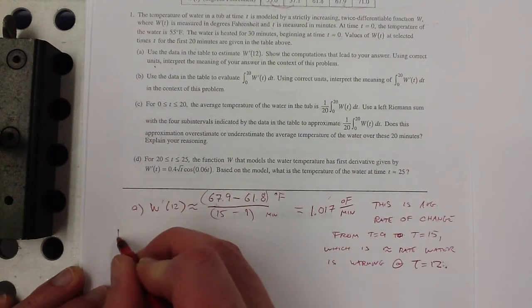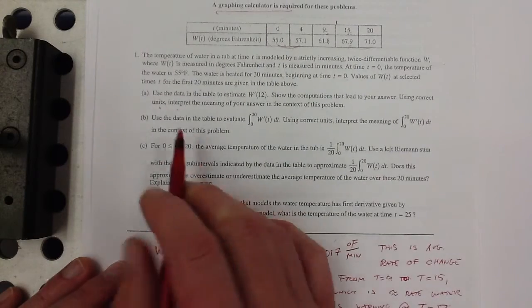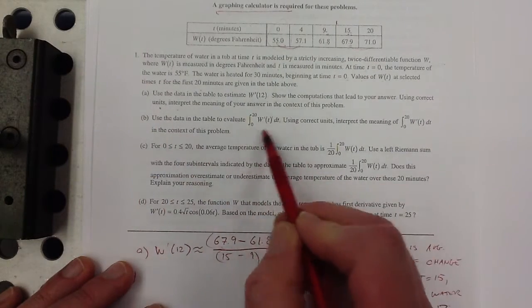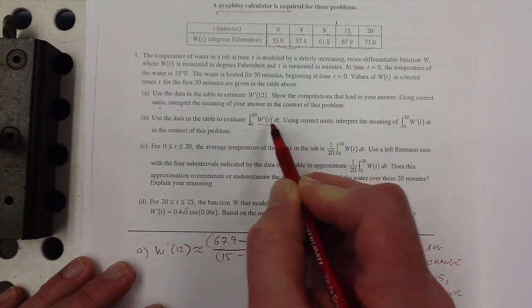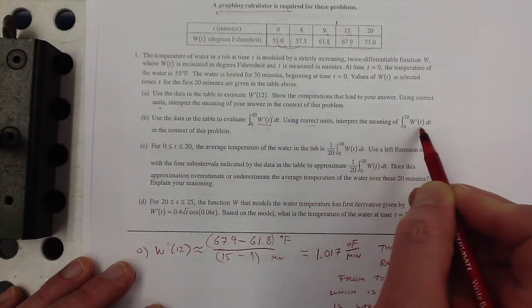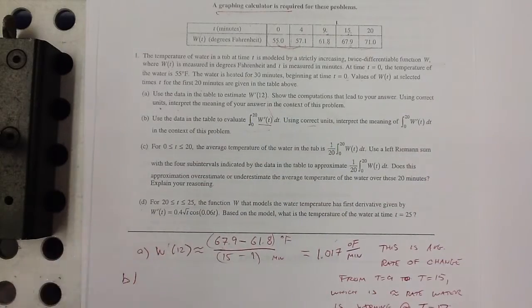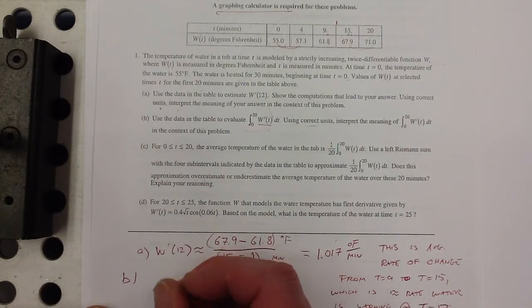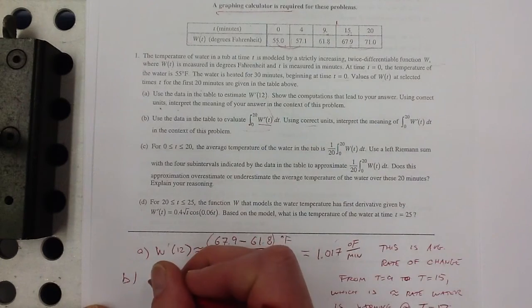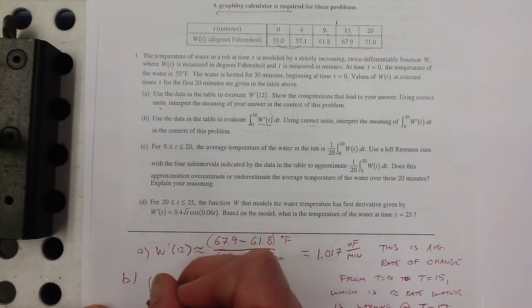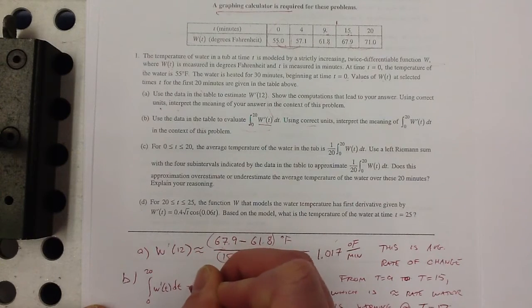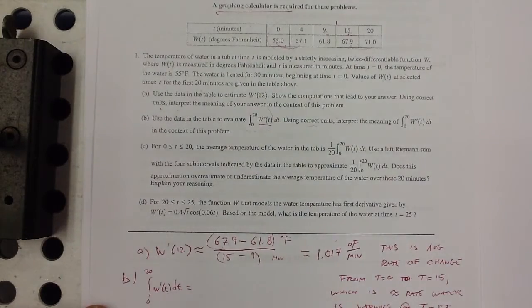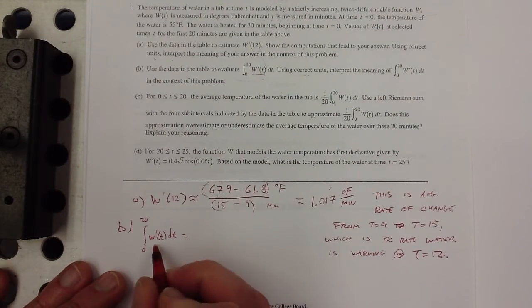Part B. Use the data in the table above to evaluate the integral from 0 to 20 of W'(t) dt, and notice we have the integral of a derivative, and then using correct units, interpret the meaning of that in the context of this problem. Let's see, by the fundamental theorem of calculus, if you want to evaluate a definite integral, you just need to know an antiderivative of this.